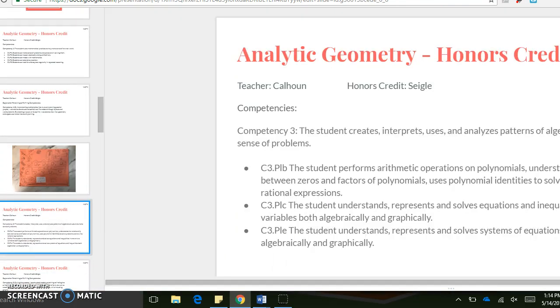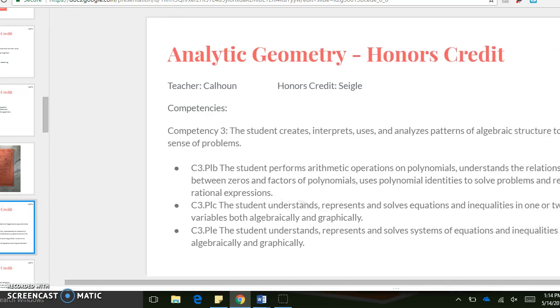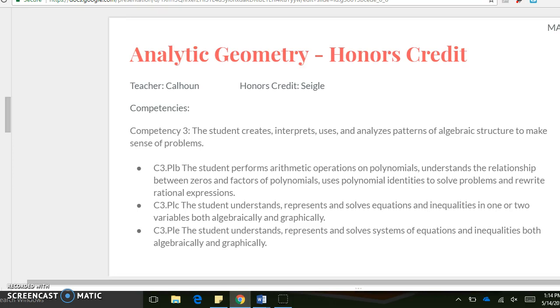She goes through and shows competency three, where she creates, interprets, uses, and analyzes patterns of algebraic structure to make sense of problems.